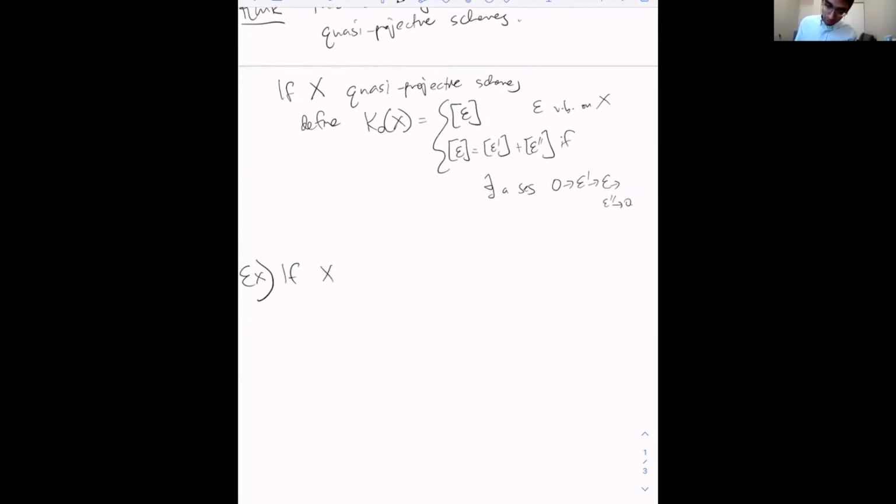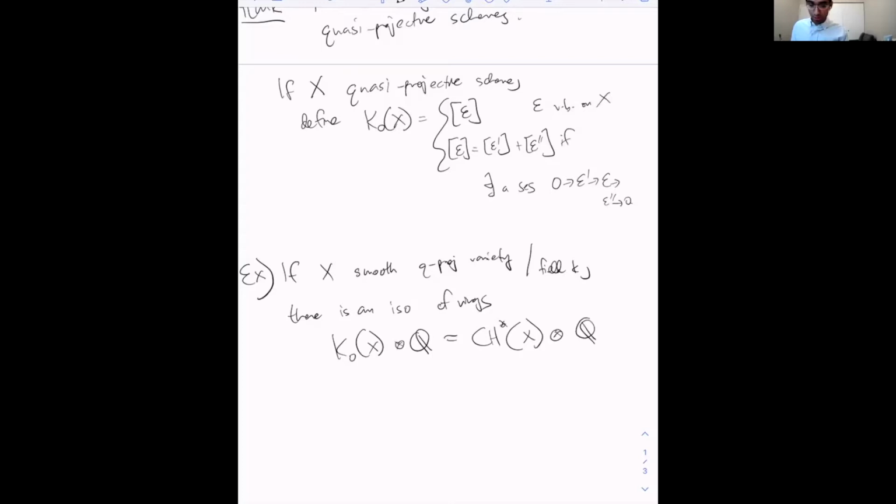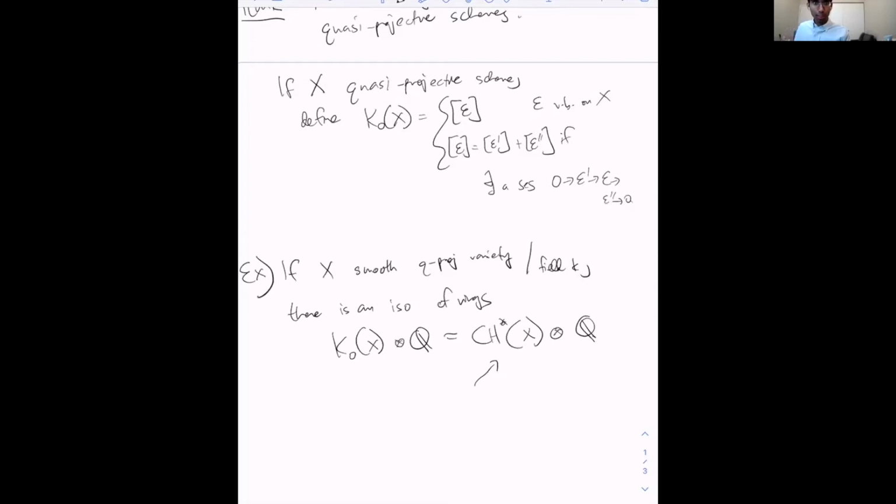If X is a smooth quasi-projective variety over a field k, then there is a canonical isomorphism of rings between K0 of X tensor Q and the Chow ring of X tensor Q. The Chow ring of X is defined by considering algebraic cycles on X.